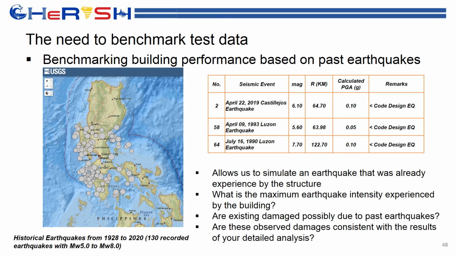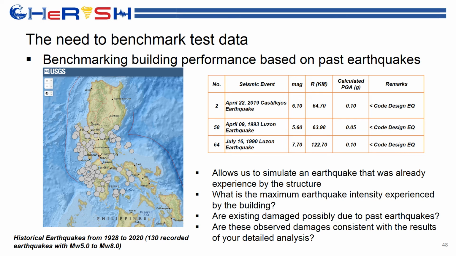Clearly, in those 50 years, this structure was subjected to a certain level of ground motion. To do that, we can make use of tools like the shake map, which allows us to collect information about the past earthquakes that have occurred near our area of interest.